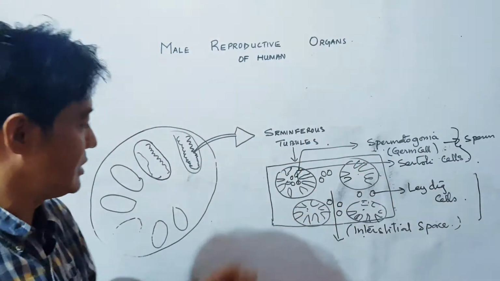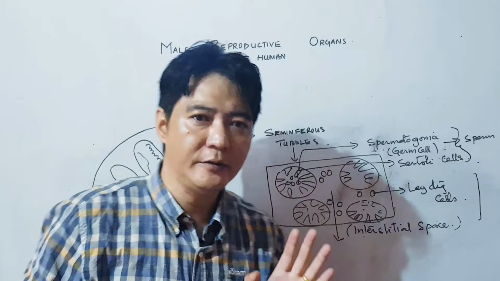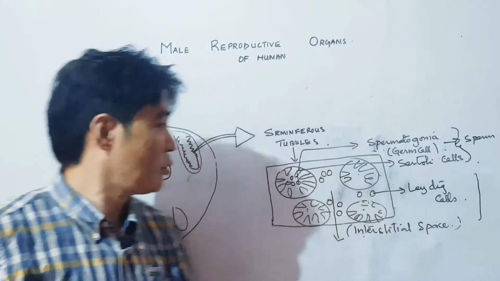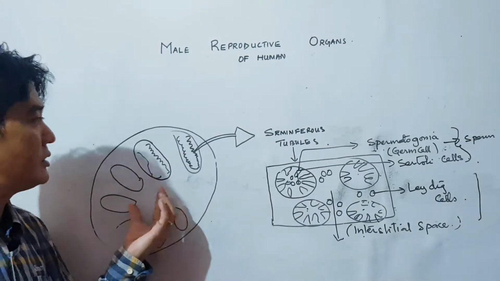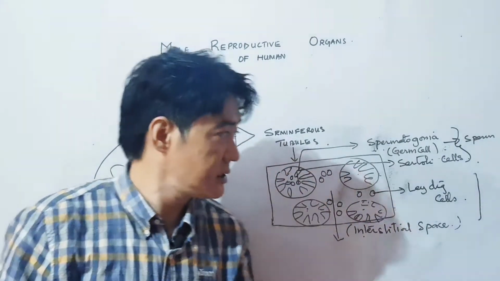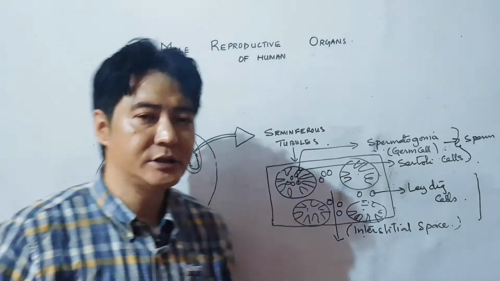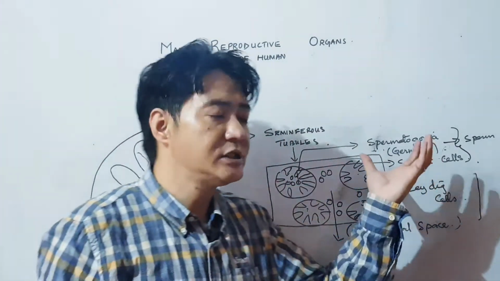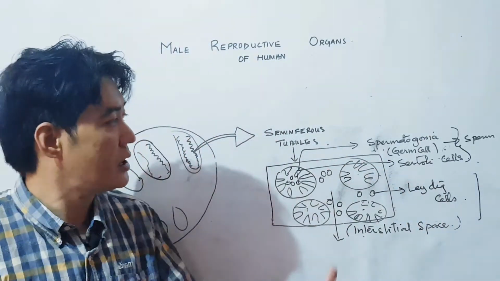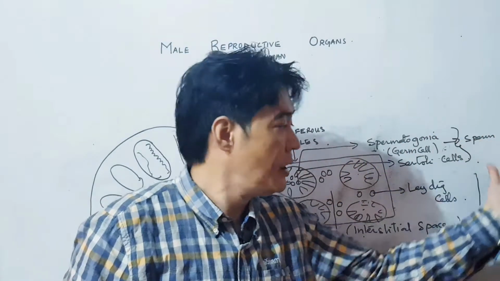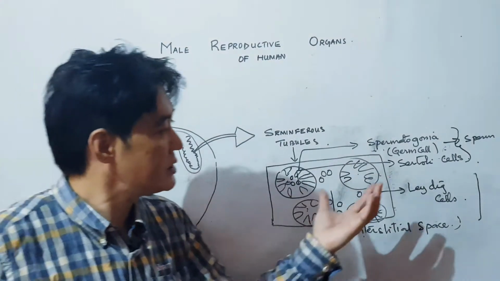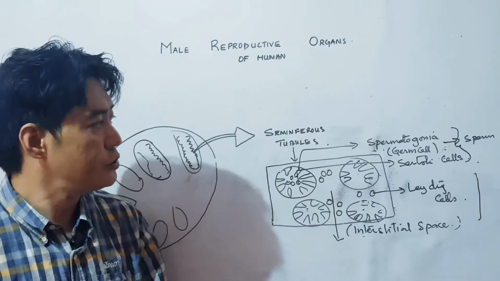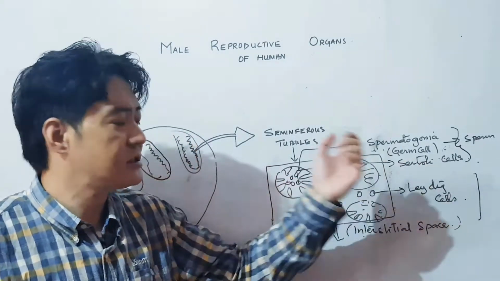So here you can see the major part of the testis is composed of seminiferous tubules, which form the compartments, around 250 compartments in the testis. The seminiferous tubules consist of two cells, spermatogonia or the germ cells, which afterwards develop into the sperm, and the supporting cells or nurse cells, that is Sertoli cells, which supply nutrition to the sperm, as well as having endocrine function.